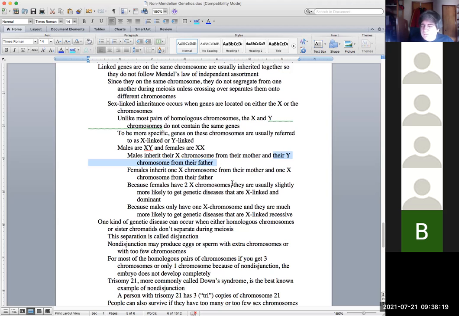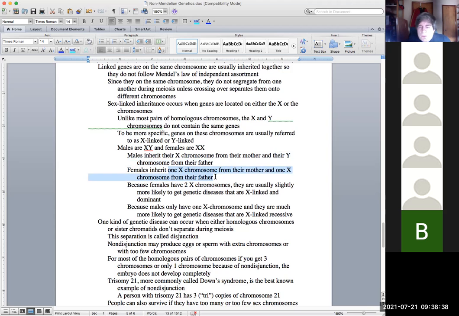Now, on the other hand, women get one X chromosome from mom and one X chromosome from dad. So women can potentially inherit an X-linked disease from their father. Men can only inherit an X-linked disease from their mother.